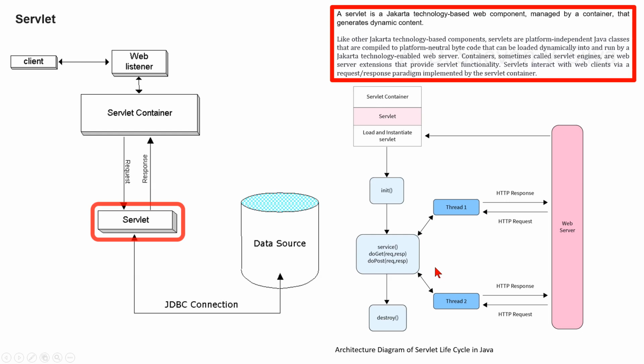Protected void doPut(HttpServletRequest, HttpServletResponse) is called by the server via the service method to allow the servlet to handle a put request.